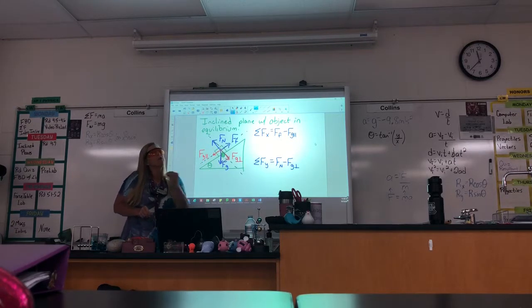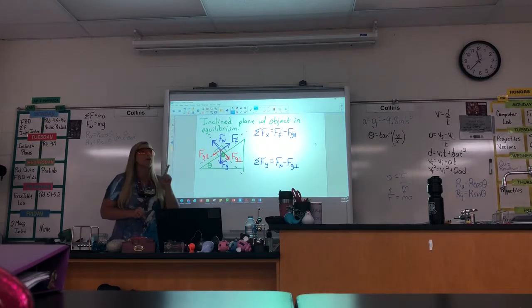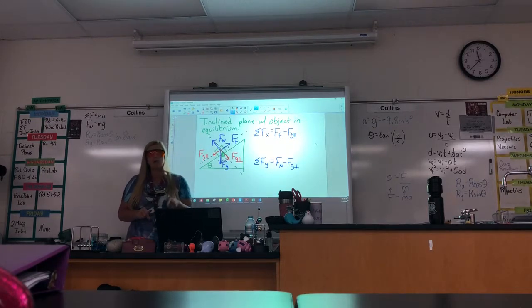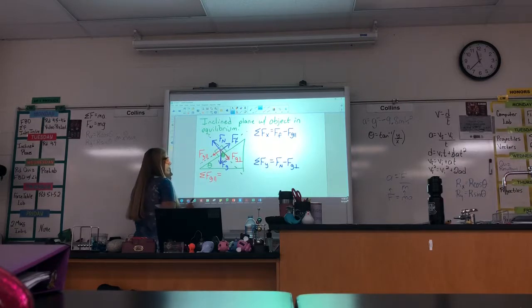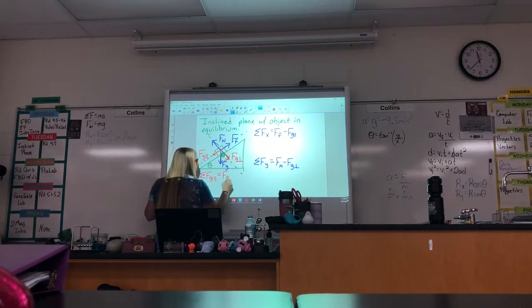So what I will tell you from this moment forward, every time there's an inclined plane problem, and only an inclined plane problem, I will say, remember, inclined planes are weird. Remember, the components on inclined planes are backwards. Remember, do a flip-flop, and this is the way we're going to write it. So when we do our x component, which is our parallel to gravity, instead of it being the force of gravity times cosine, it is instead the force of gravity times sine.